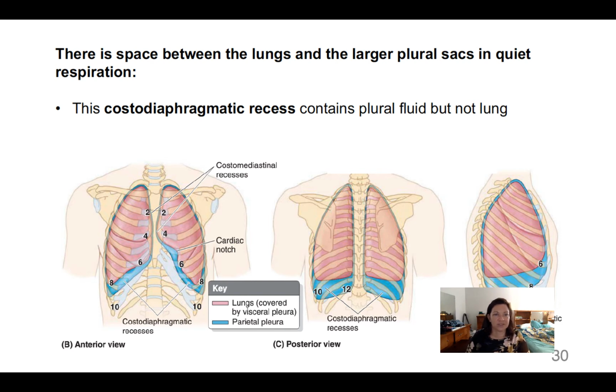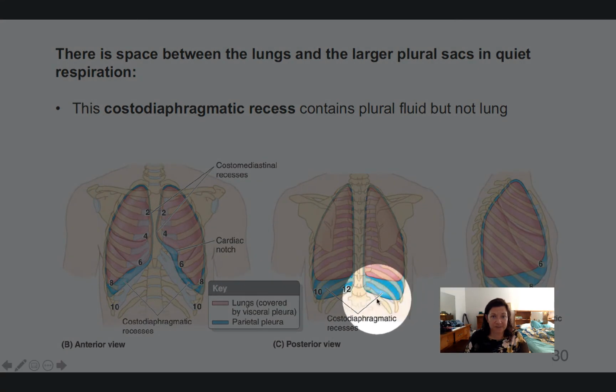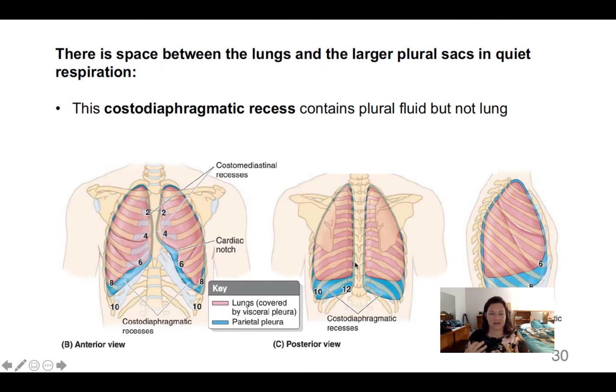There are actually recesses shown numerically in all of these positions. And of course, when you're breathing vigorously, either due to physical exertion or intentional effort of an inhale or an exhale, that costodiaphragmatic recess will be smaller.